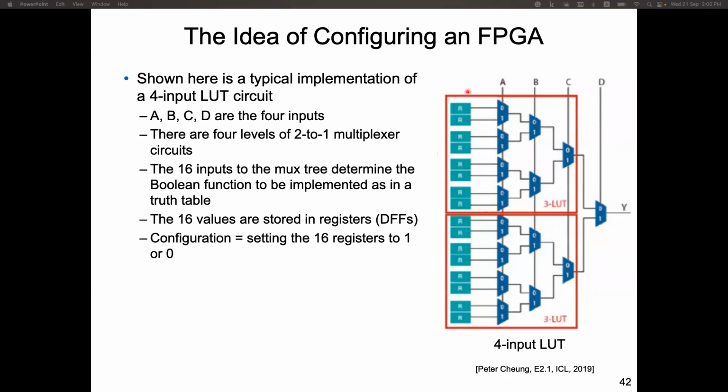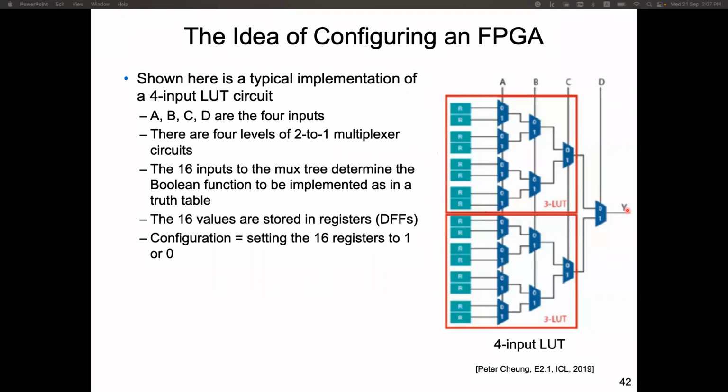And for this memory, because it's 4-bit, we have 2 to the power 4 equal to 16 locations. Each location contains 1 bit of memory, which can be 1 or 0. So we have stored some 1s and 0s in these registers, these memories. Here, Y is the output.